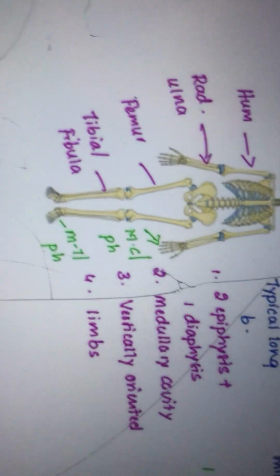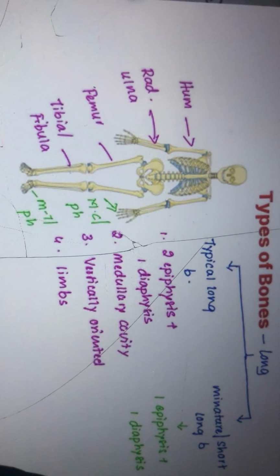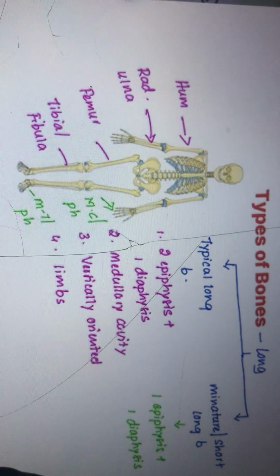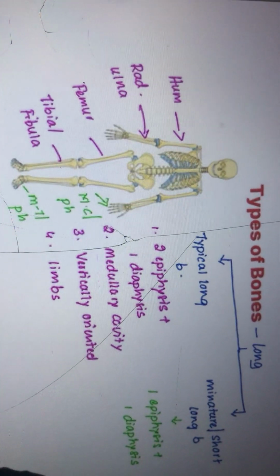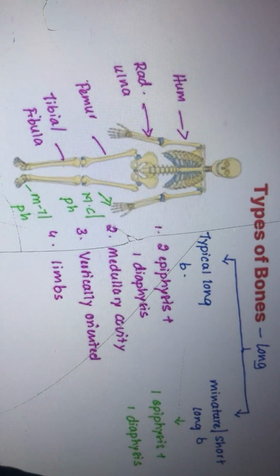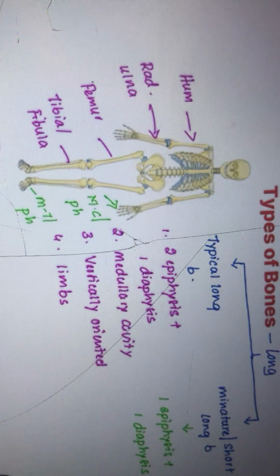So metacarpal bones, metatarsal bones and the phalanges are the best examples for miniature long bones or short long bones, right? So what you must remember is, what are the typical features of a typical long bone? That is an MCQ. And what are the examples for miniature long bones? That again is an MCQ.